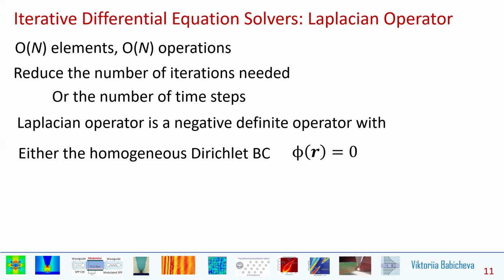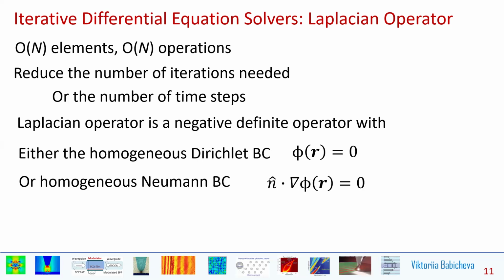So basically it's the case when n multiplied by del phi(r) is equal to 0.